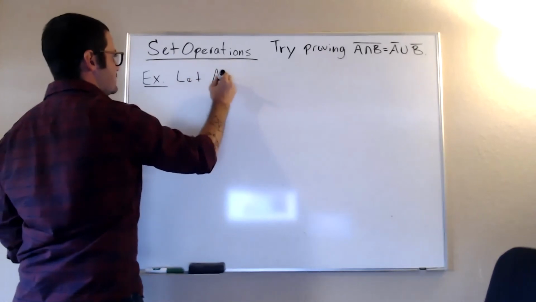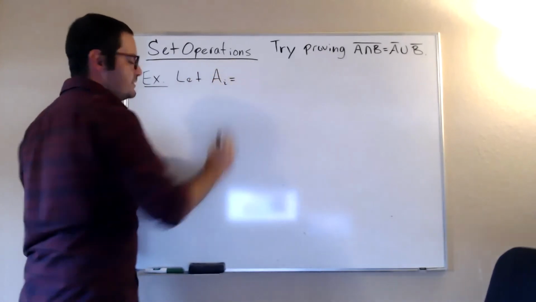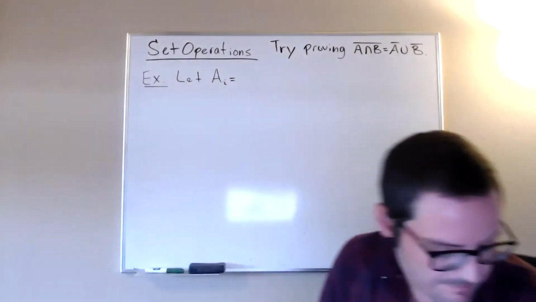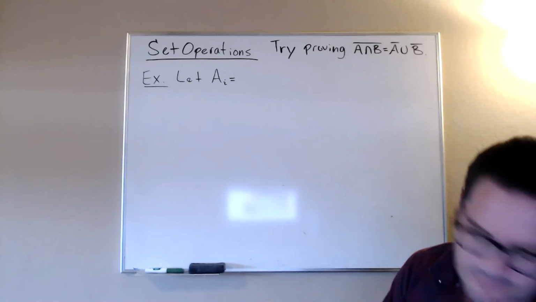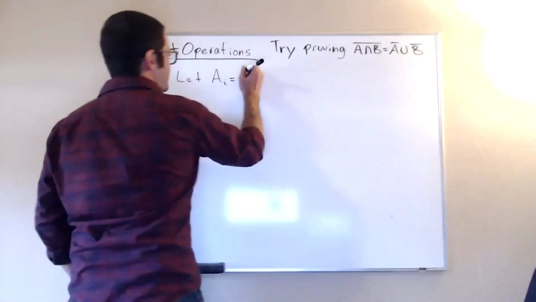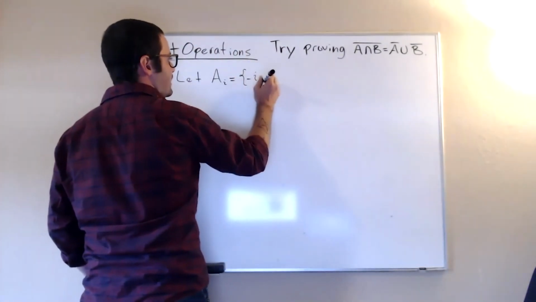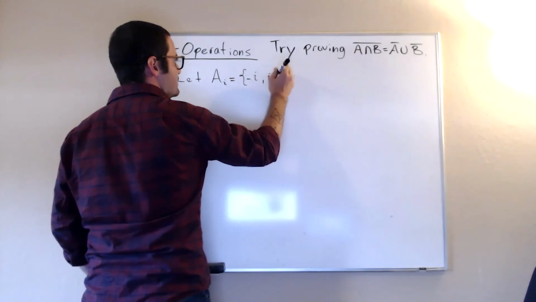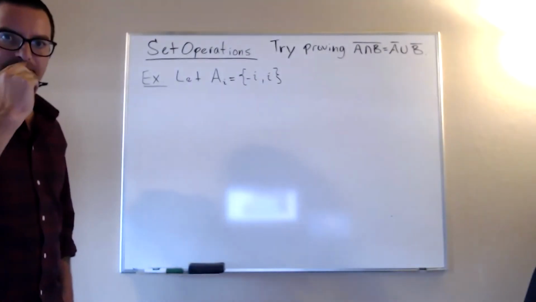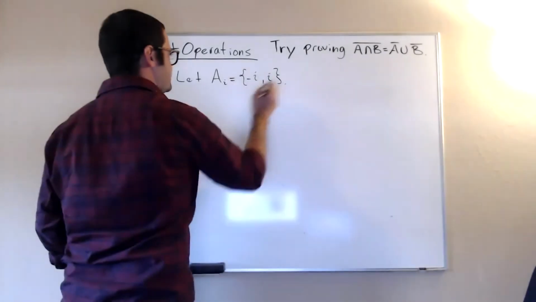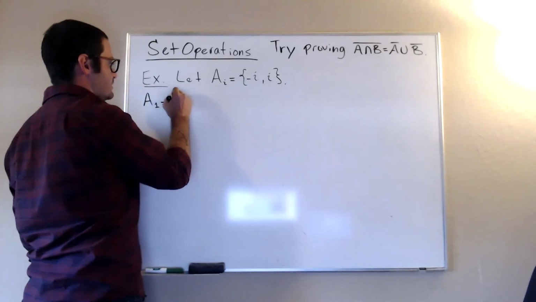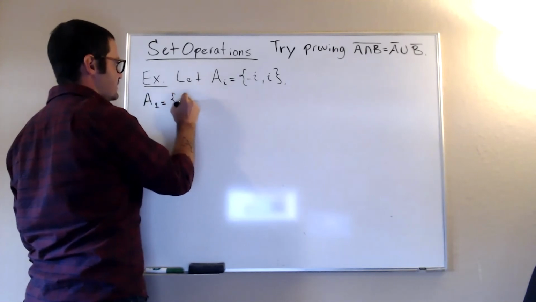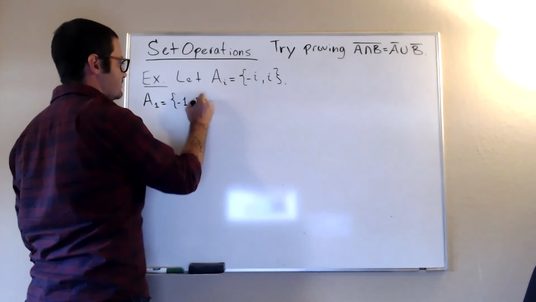Let A sub I be the set consisting of negative I and I. Okay, so A sub 1 is equal to negative 1 comma 1.